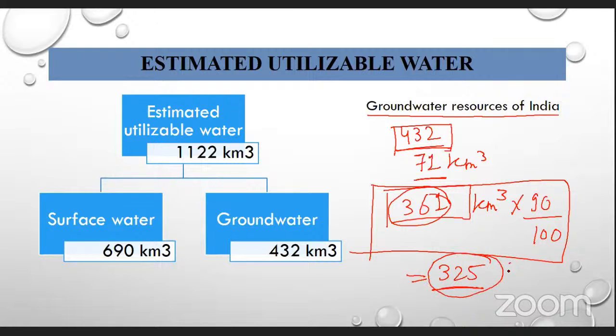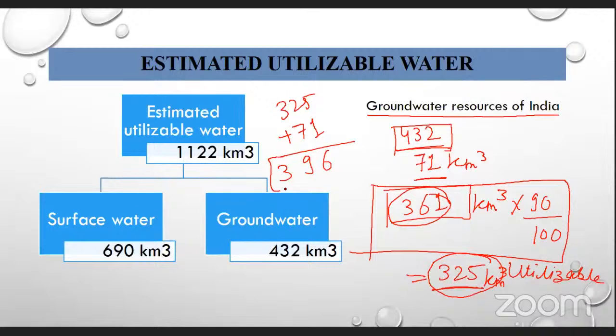If we add this 325 plus our domestic use of 71 kilometer cube, then 396 kilometer cube total utilizable groundwater will be there.